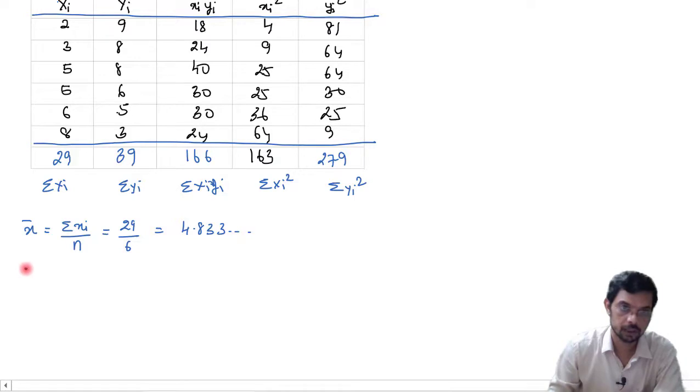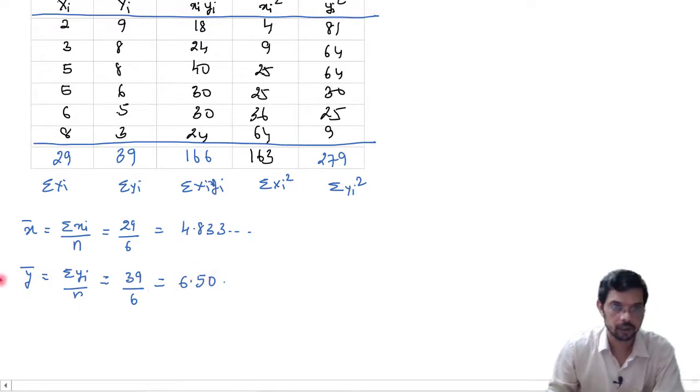Okay, and same way, y bar is equal to sigma yi divided by n. What is sigma yi? It is 39. So it is 39 divided by 6, which will give you 6.50. Okay, so x bar is found out, y bar is found out.